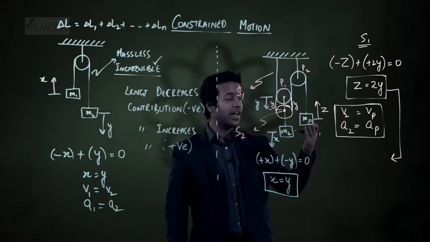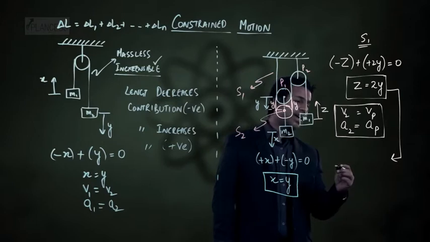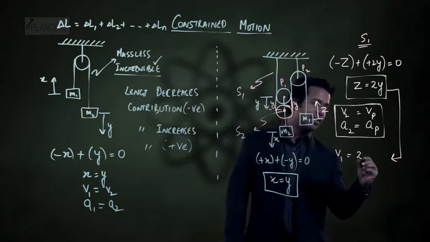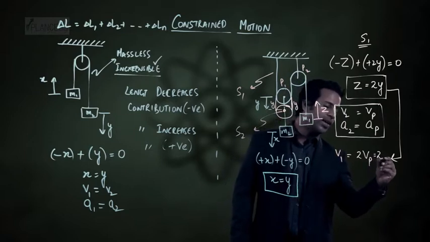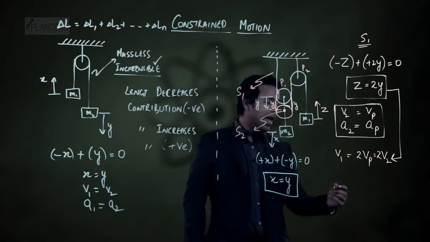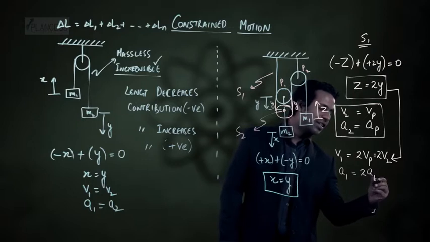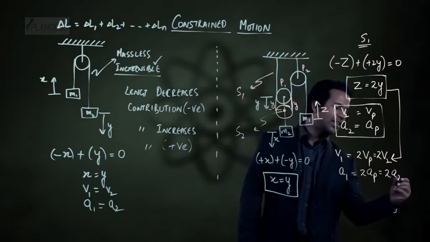Z is related to the motion of M1. Hence, we can say that V1 is equal to twice the velocity of the pulley and is hence equal to twice the velocity of the second mass. And similarly, the acceleration of 1 is also twice the acceleration of the pulley and hence is equal to twice the acceleration of A2.